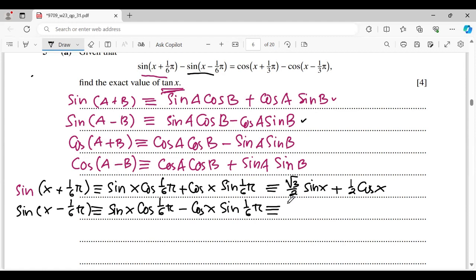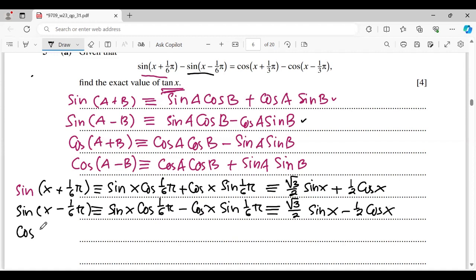It's going to be square root 3 over 2 sine x minus half cosine x. Correct.